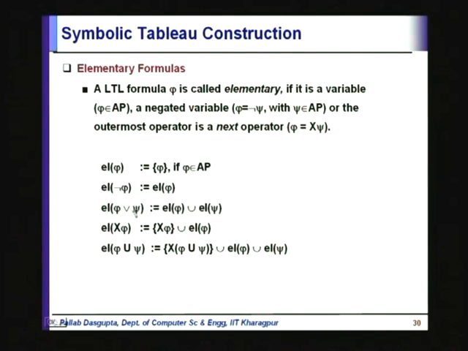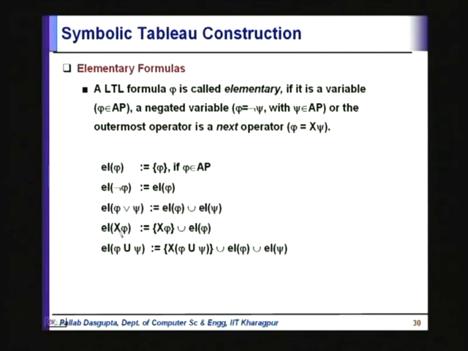If you have a disjunction of two properties var phi and psi, then the elementary subformulas are the union of the elementary subformulas of each.